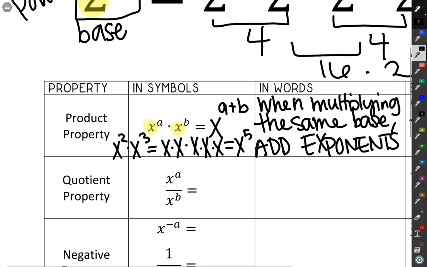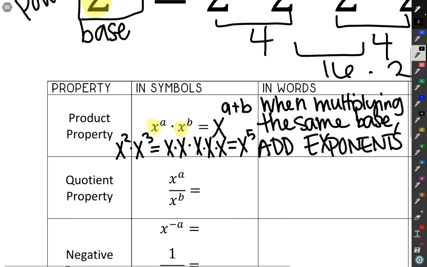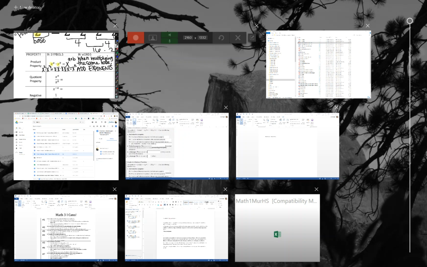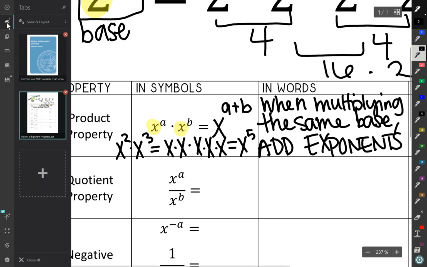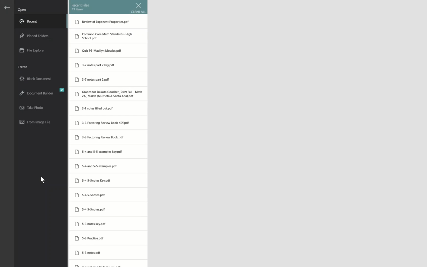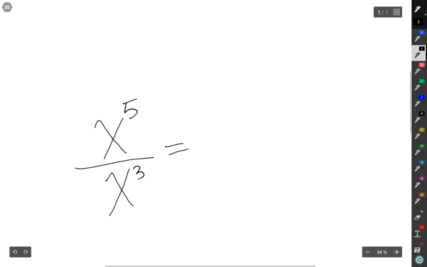All right, the quotient property. Let me open up a blank thing so that I can show you how this works. Okay, so let's say we have x to the 5th divided by x to the 3rd. What do we do with the exponents here?